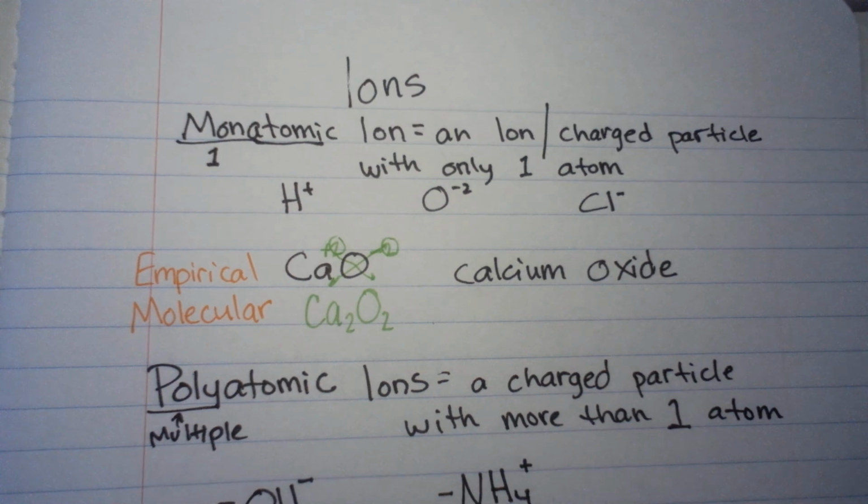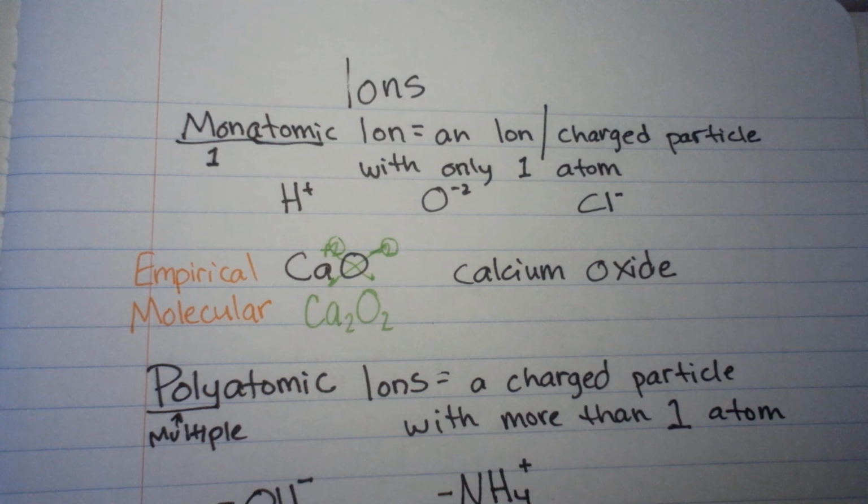Let's talk for just a second about ates and ites. Okay, so you might have ClO2 with a -1 charge. That is chlorite. You might have ClO3, which still has a -1 charge, and that is chlorate. You could also have ClO4.